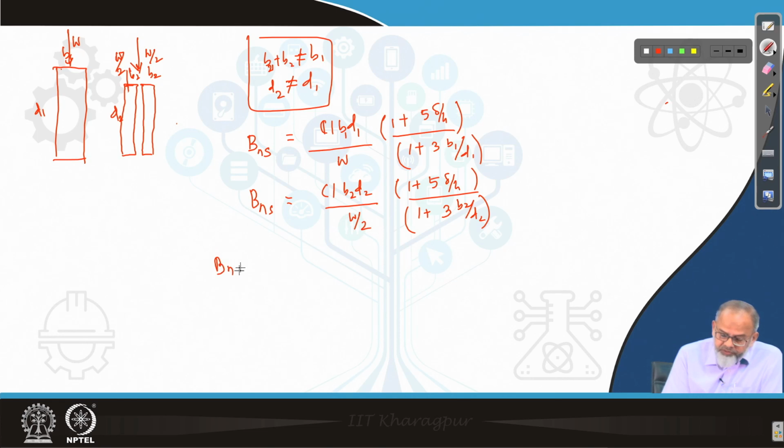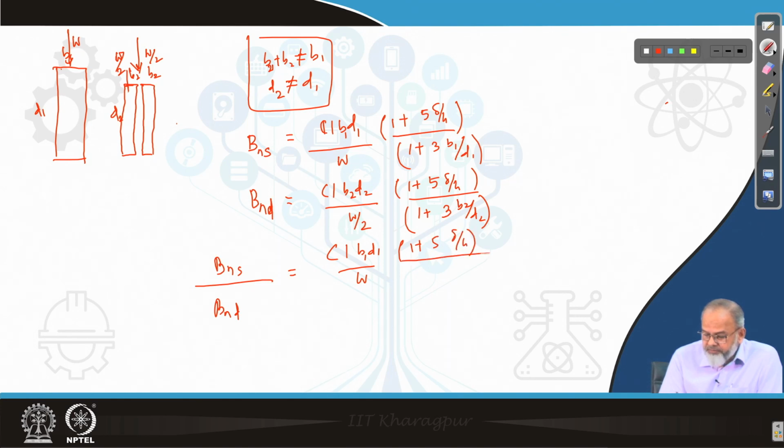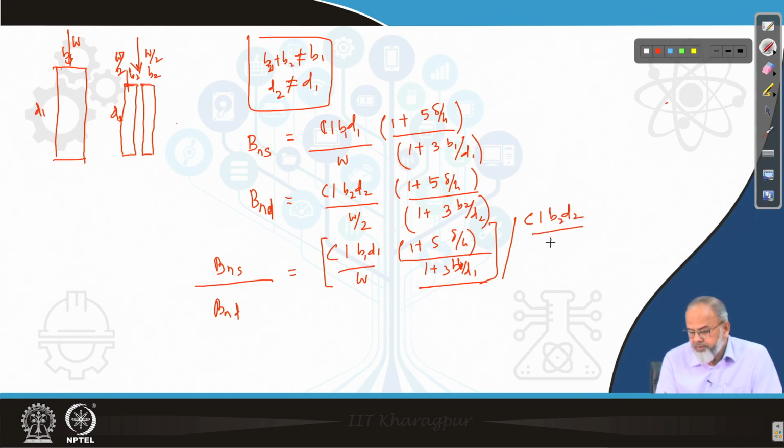Now if I want to find out the ratio BNS by BND, then again CI B1 D1 by W into 1 plus 5 del by H by 1 plus 3 B1 by D1, divided by CI B2 D2 by W by 2, that means twice CI B2 D2 by W. Now this dual tire, since there are two tires, this mobility number is to be multiplied with 2.